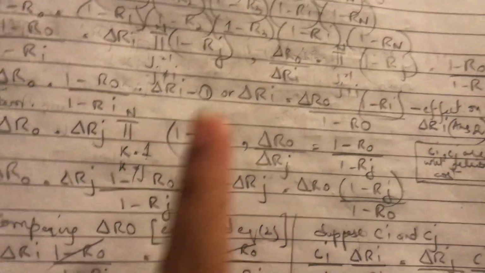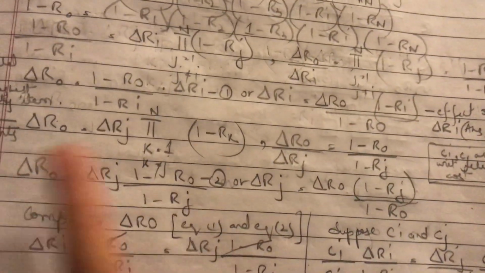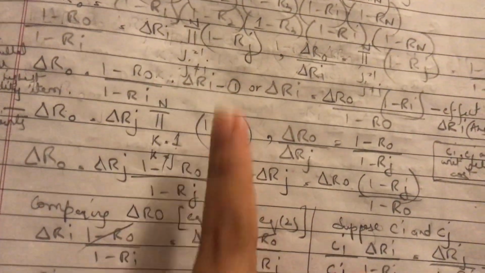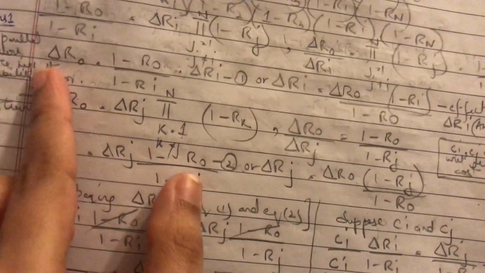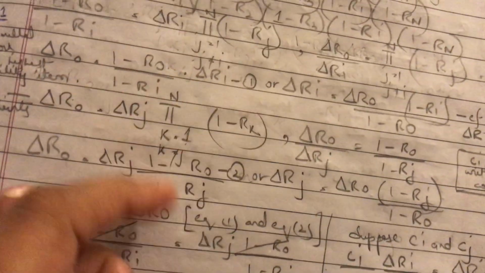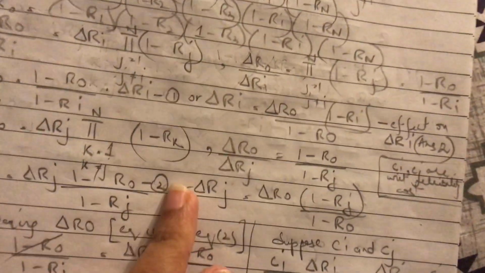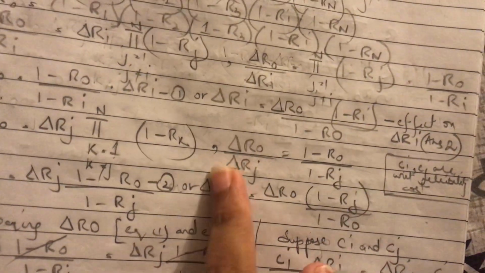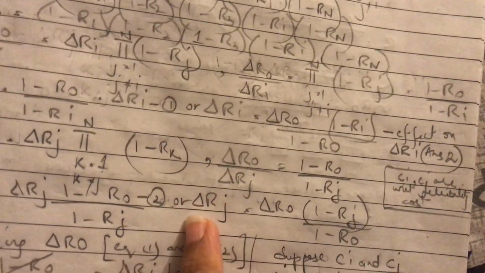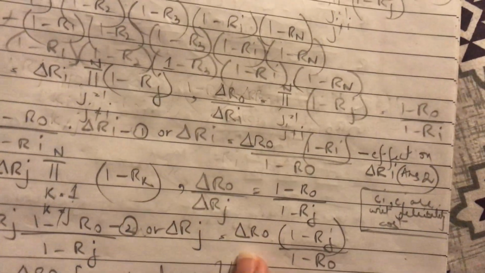And it's the same: equation 1 and equation 2 are both different equations for the same delta R0. Or for this delta Rj, this delta Rj can be written in the form of like this.